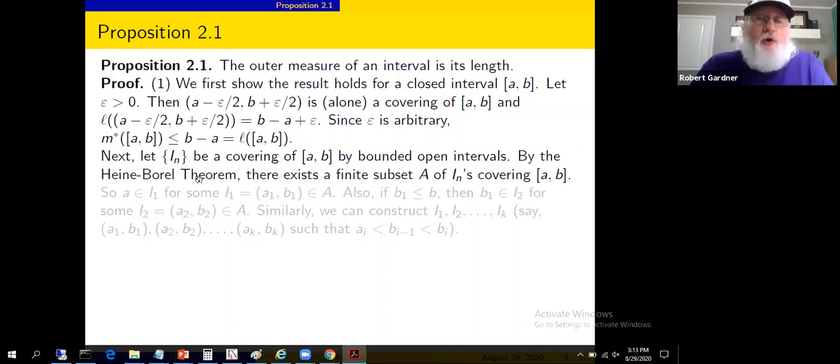We've covered it with open sets. They're open intervals. Heine-Borel says it has a finite subcover. So there's a finite number of the I sub n's that also cover [a, b]. Heine-Borel says closed and bounded sets of real numbers are compact sets. Compact says every open cover has a finite subcover. So there's all the details.